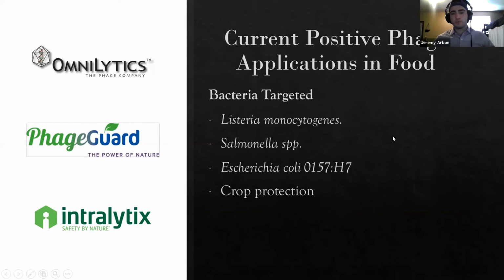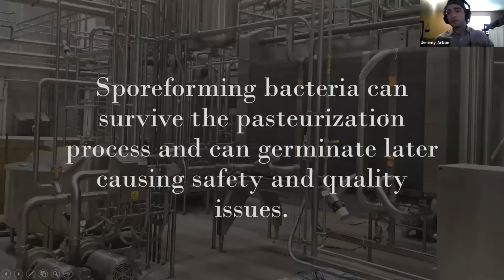So, bacteriophage targeting spore-forming bacteria. Why would we even think about that? Well, or why do we even care about spore-forming bacteria, I guess? It can survive the pasteurization process and then later germinate, causing safety and quality issues. And for dairy milk powders, that leads to markets that you can't reach because your spore count is too high, especially with infant formula.